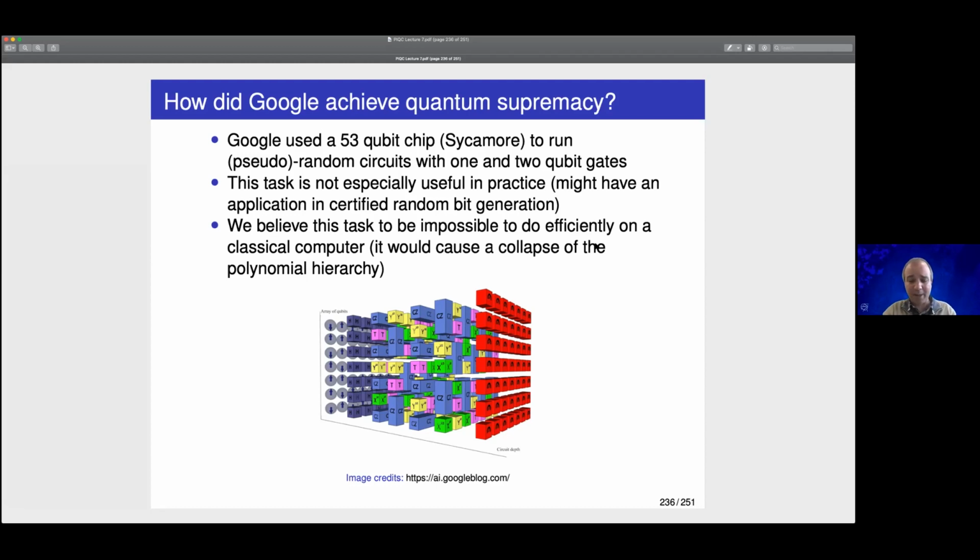For instance, the work by Aaronson and Chen, which shows that simulating quantum circuits on classical hardware is impossible unless you have what is called a collapse of the polynomial hierarchy, which is something similar to discovering that P is equal to NP. This is something that we think is very, very, very unlikely. This is not exactly the same, but is related to that idea. And we don't expect that to be true.